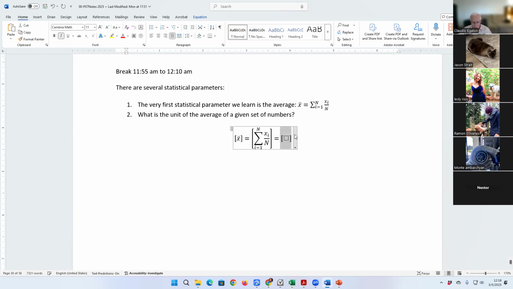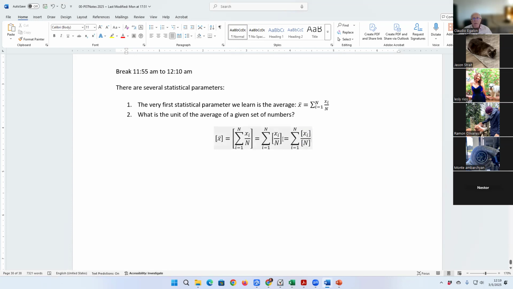And then we apply the distributive property of the square bracket, which is going to be the unit of xi divided by the unit of n. Oops, don't forget this n here.